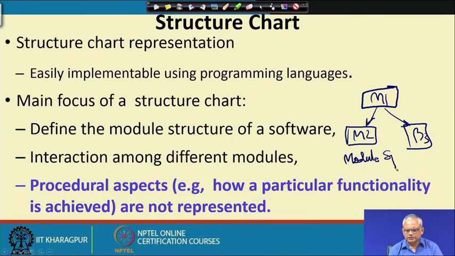So, let me just repeat that the structure chart representation is called the high level design, and based on the high level design, we carry out the detailed design, where for each module we develop a module specification, which contains the data structures that are to be used in the module, and also the algorithms that would be used in this module.